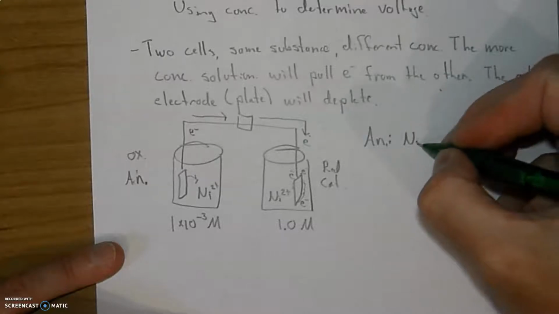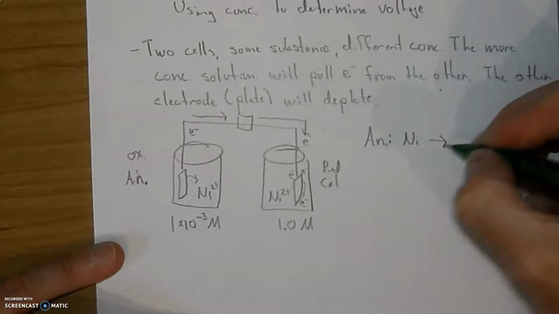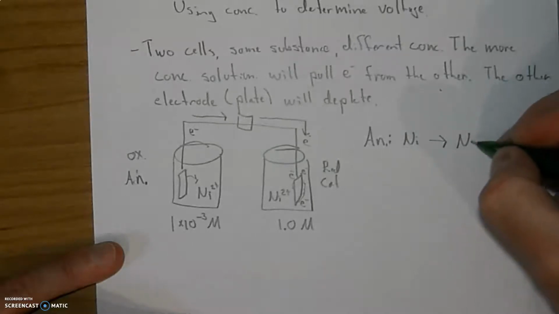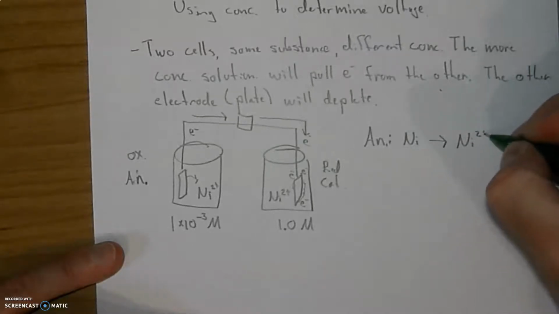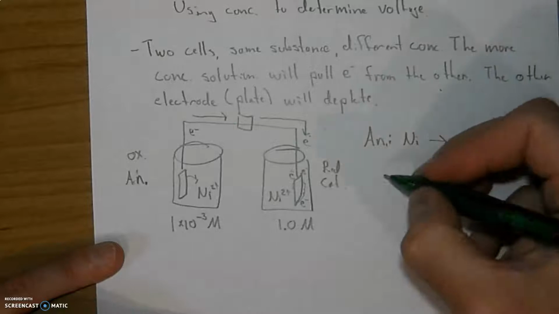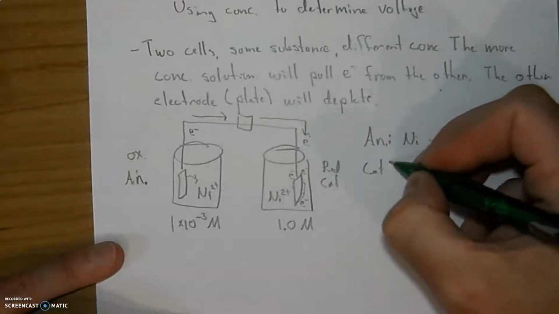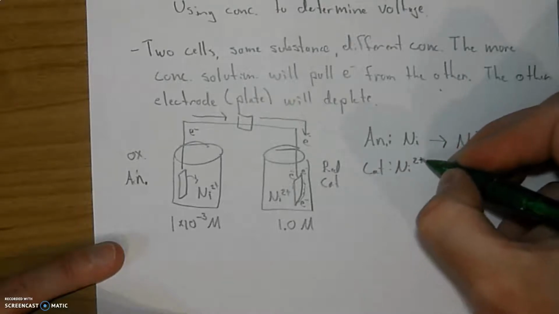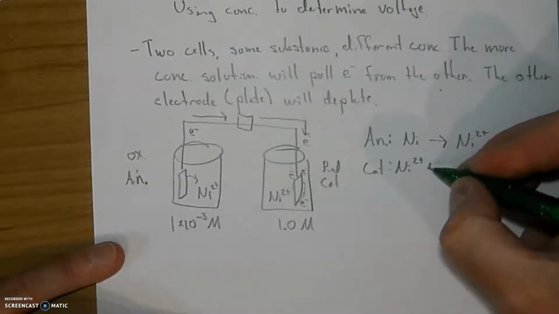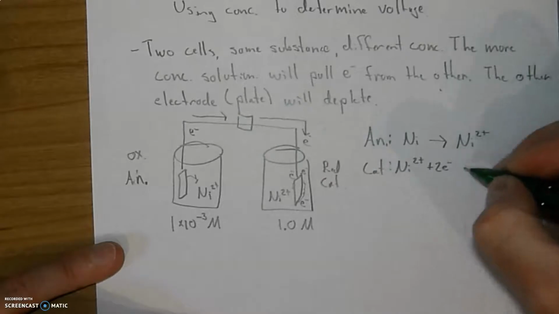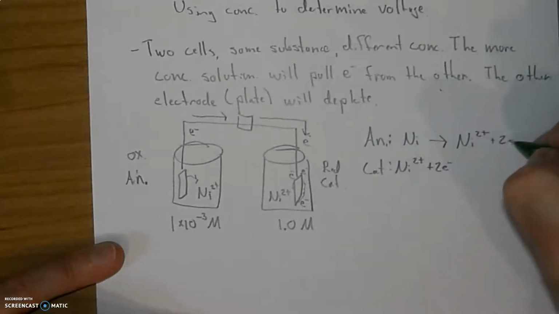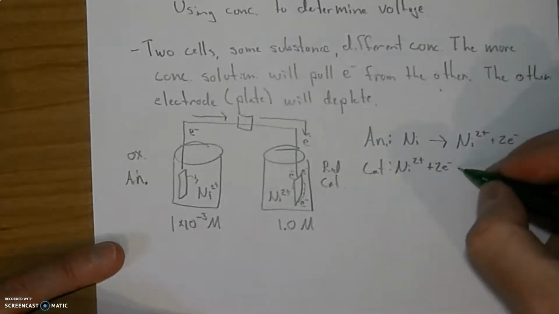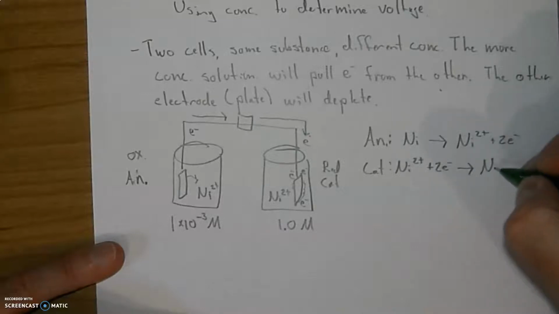So I have nickel, which is going to be turning into nickel 2 plus. And then over here at the cathode, I have nickel 2 plus, which is going to be gaining 2 electrons. I forgot to put my 2 electrons here. 2 electrons and turning into nickel.